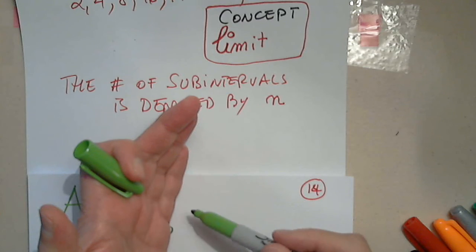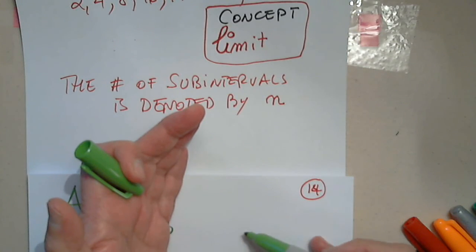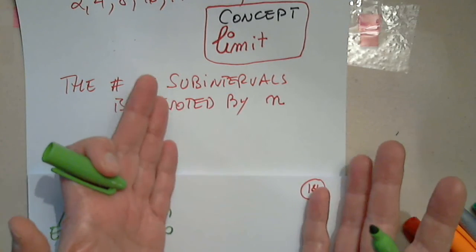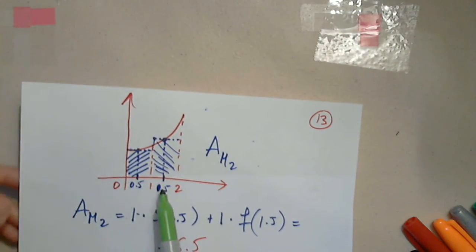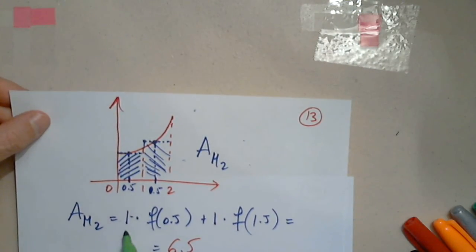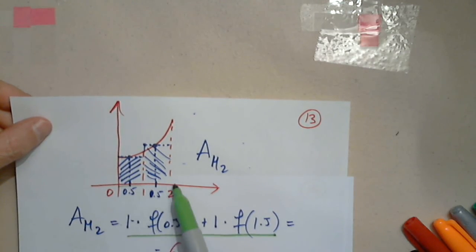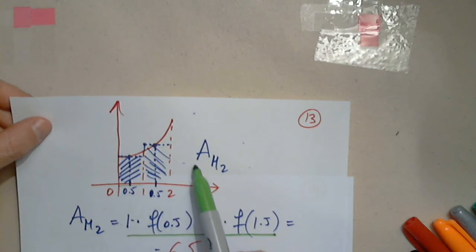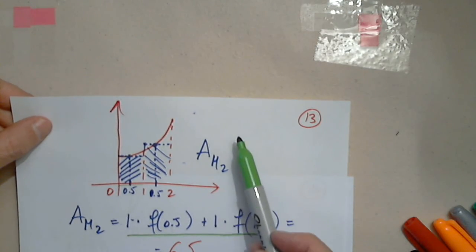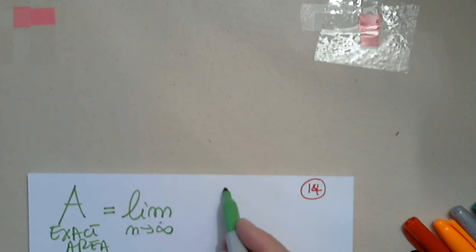But now we have to identify what to write here. Of what? So let's look back. I know we only did it with 2 subintervals, but what did we do here? What is this? Base times height plus base times height plus base times height plus base times height. Summation. Thank you very much.